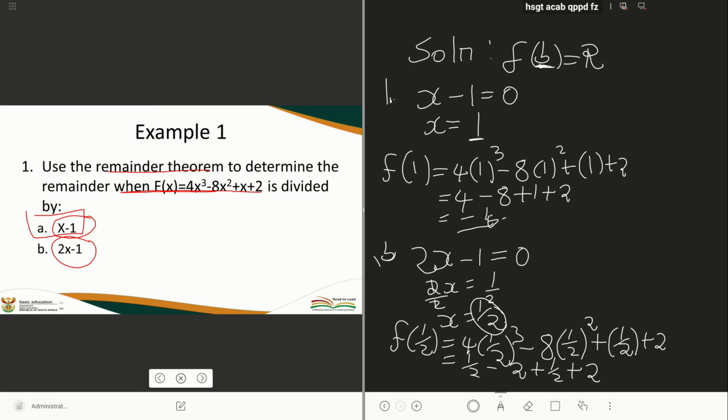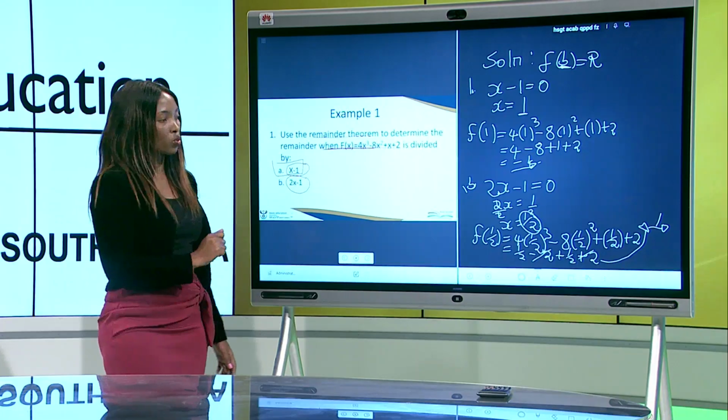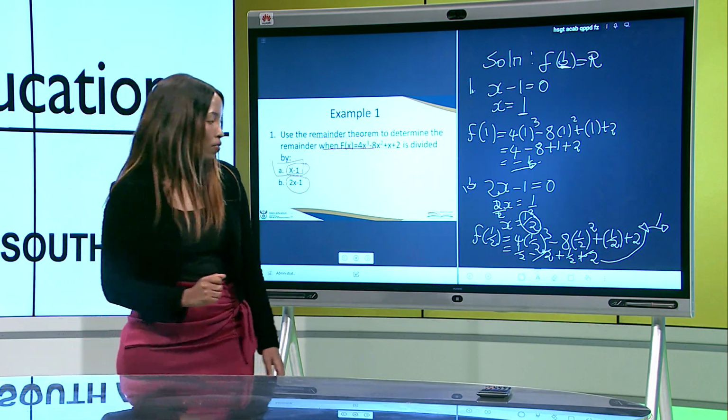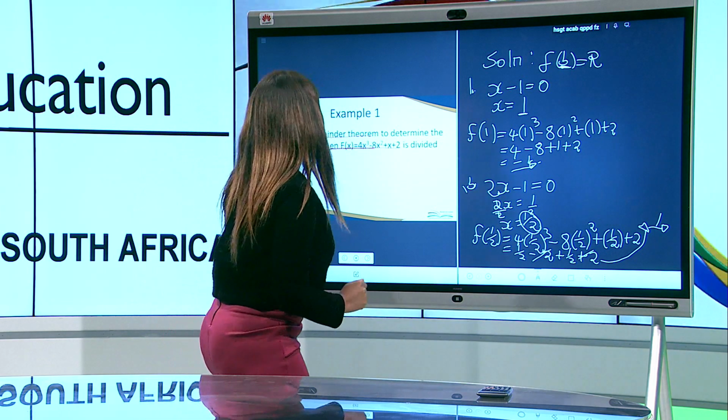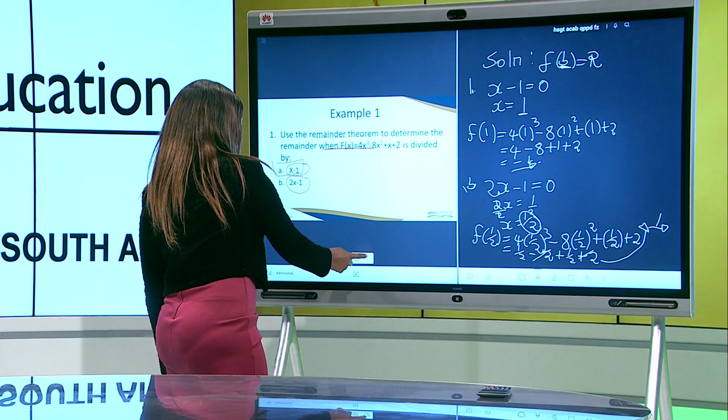So as you can see here, 2 minus 2 is going to be 0, then half plus half will give me positive 1. So in this case, if my f(x) is divided by 2x minus 1, I'm going to get the remainder of positive 1. Okay.